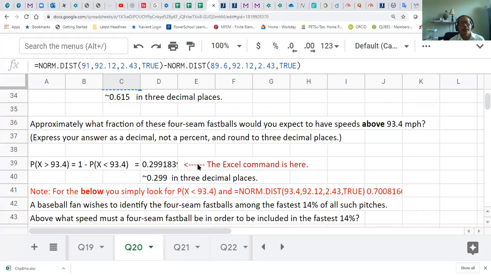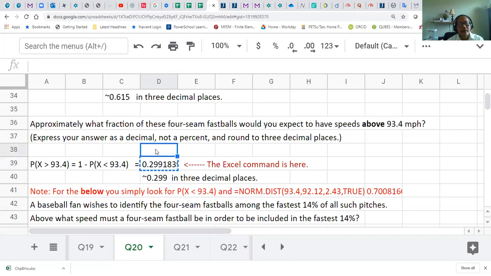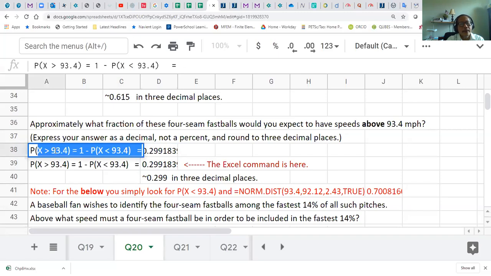Yeah, this is above. So in order to get below, you simply, okay, let me copy this. Okay, so in order to get below, so if you're looking for less than this guy, right?